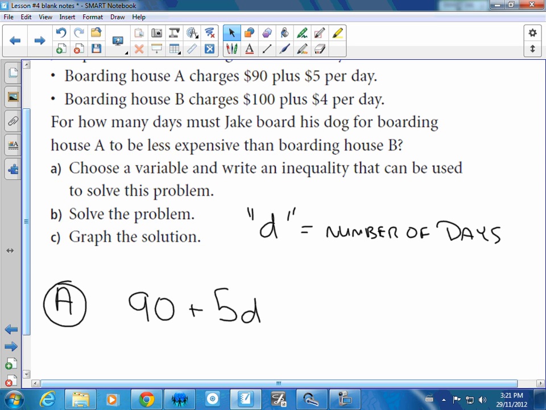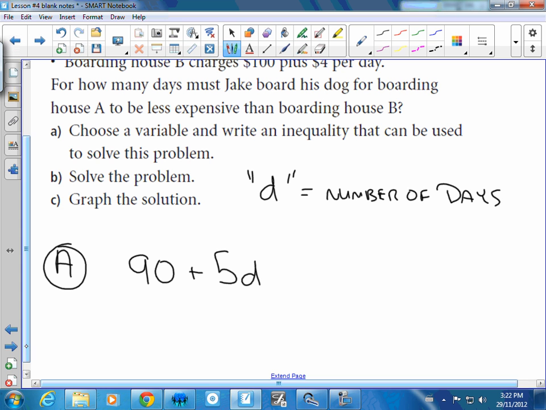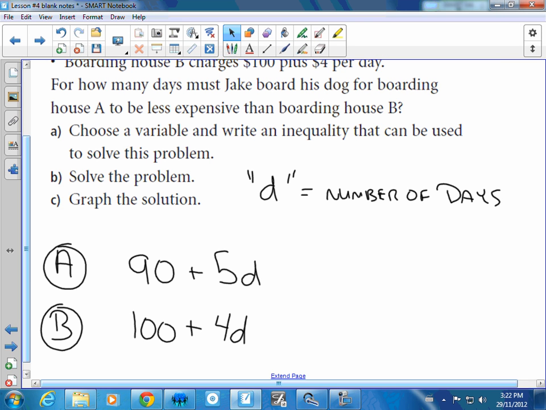Okay? Let's do boarding house B. What's boarding house B? 100 plus 4D. Now, why did you do that? 100 is the opening cost. We normally refer to that as a fixed cost. It's $100 no matter how many days, right? And this one, does this one change?